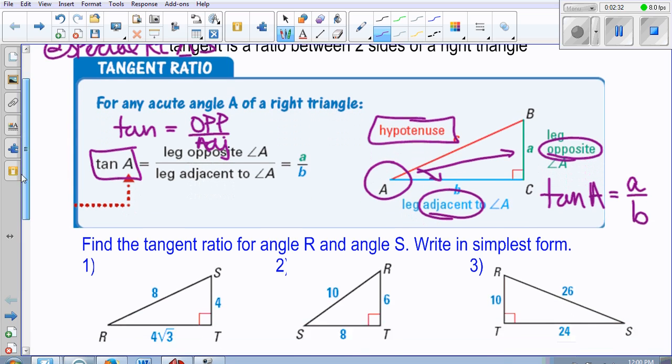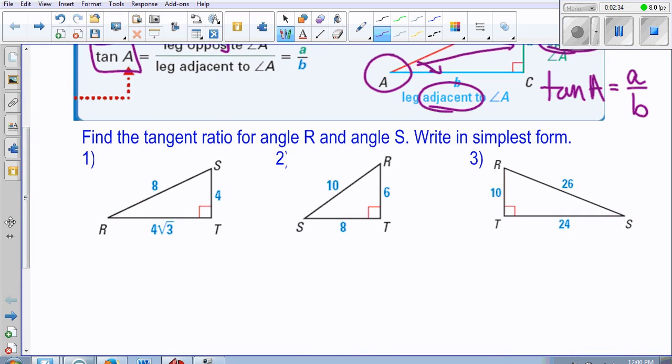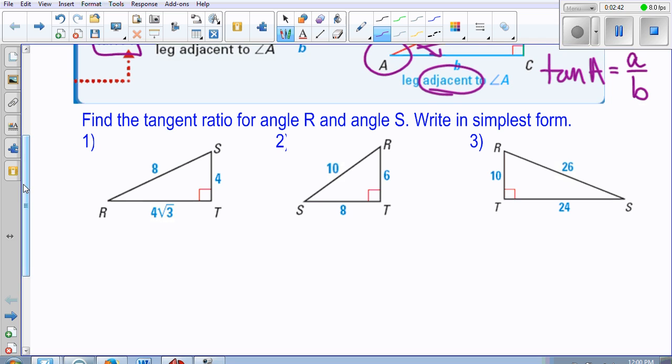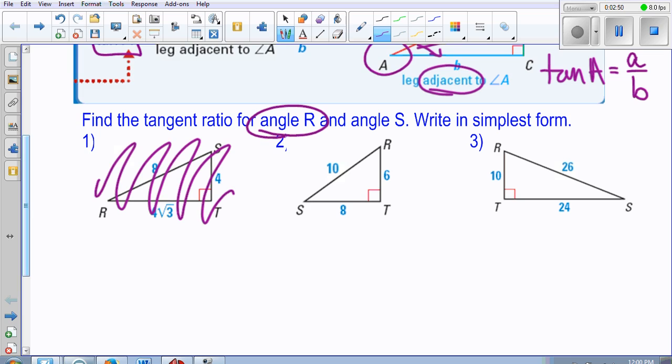Now, as we move through some problems and you have some numerical values, it's going to be a little easier, I think, for us to understand what I mean by tangent is just a ratio. So we're going to skip the first problem and just look at 2 and 3. In number 2, it says find the tangent of angle R. So what I'm going to write down is tan R, and I'm going to circle the R. From the R, the 3 sides of the triangle.